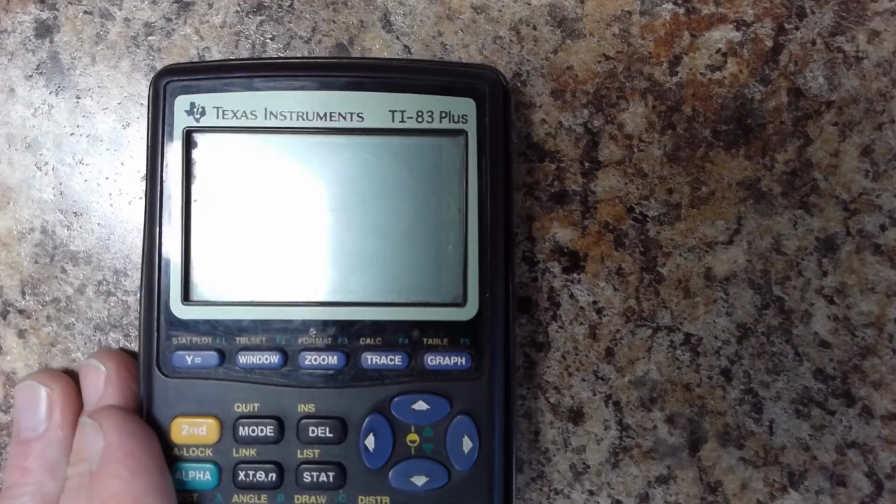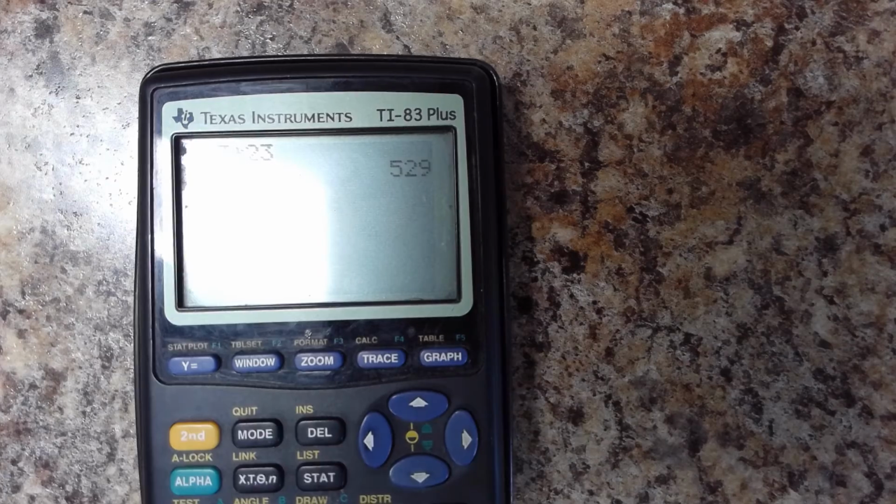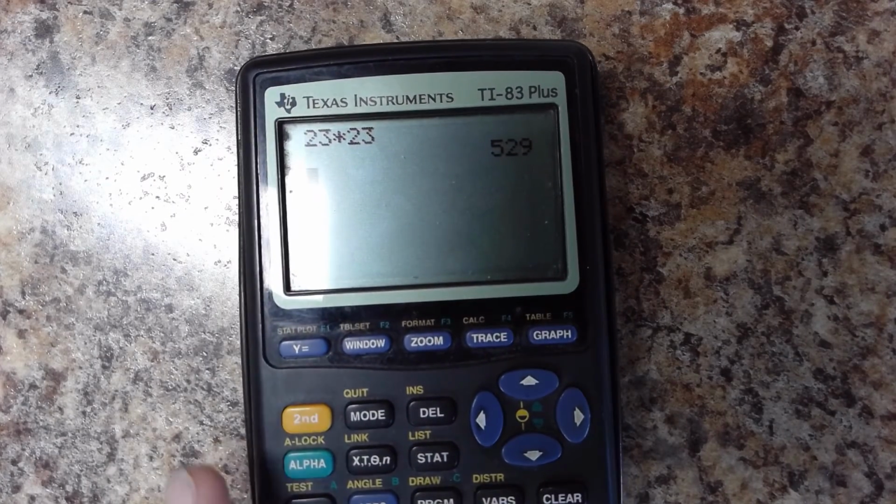I'll just proceed with my calculator. And I'm probably not going to start at 21 because it's probably going to be higher than that. So I'll start at 23 times 23: 529. I must be getting close. 24 times 24. Not yet.